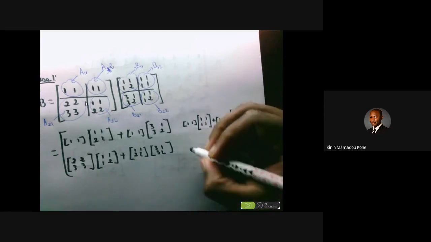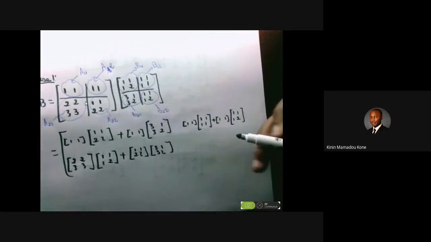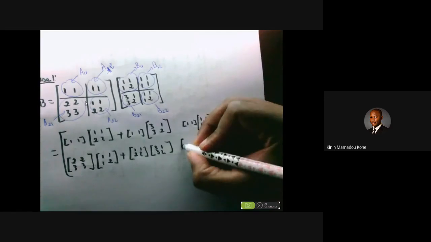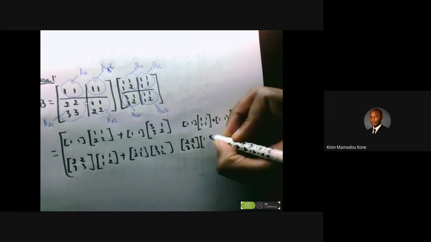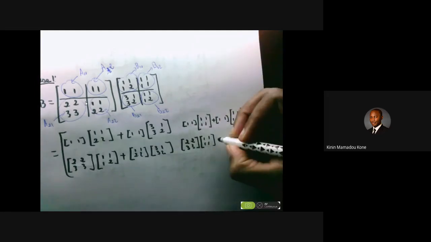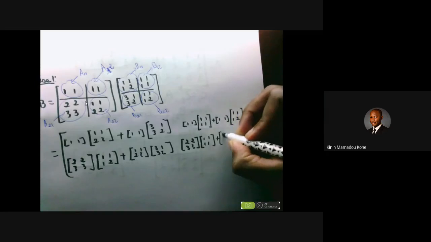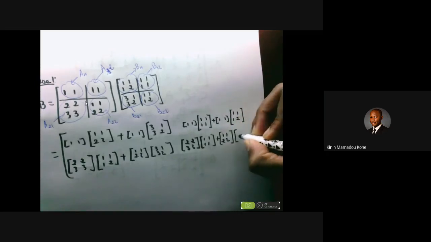And here I have row times column: 2, 2, 3, 3 times 1, 1, 1, 1, plus 1, 1, 2, 2, and finally 1, 1, 1, 2.